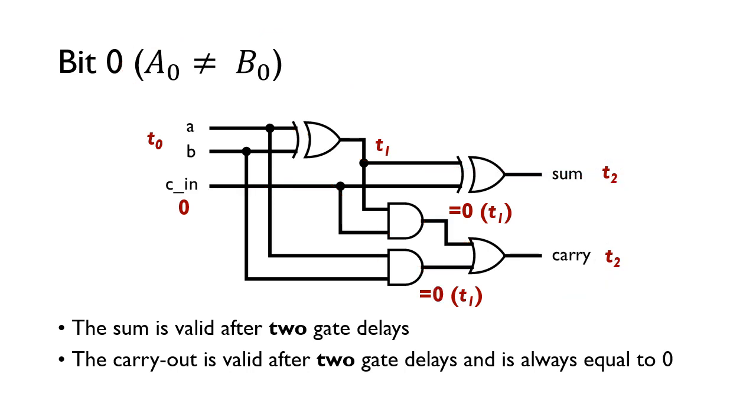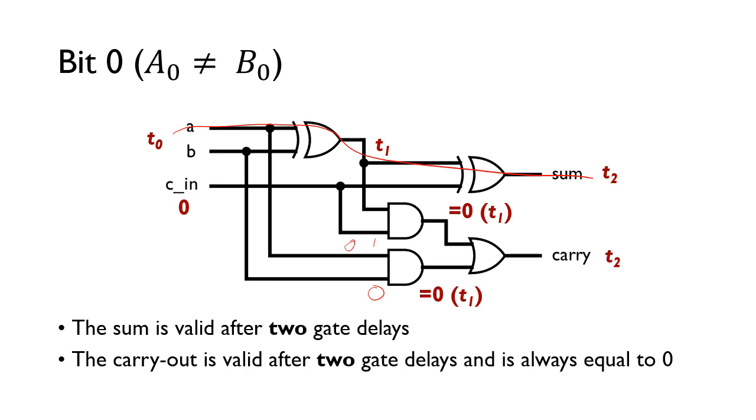Now we'll look at the case where A is not equal to B. So again, in this case, the sum is still valid after 2 delays. And also in this case, if A and B are not equal to each other, we know that one of them has got to be a 1 and the other's got to be 0.